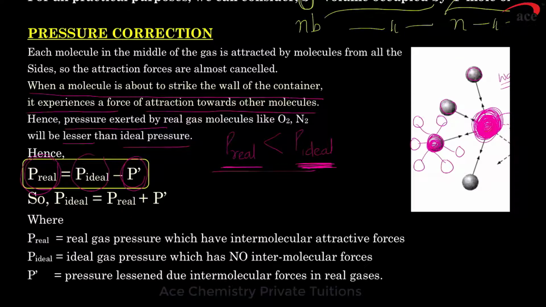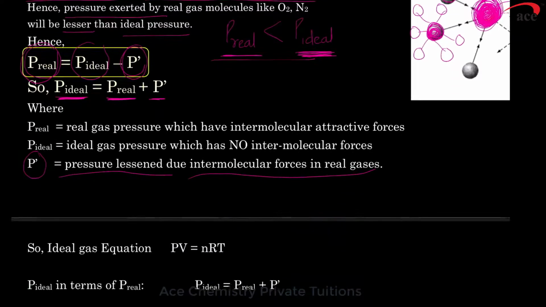What is that factor? P dash is the pressure lessened due to intermolecular forces present in real gases. From the ideal gas perspective, the pressure is the real gas pressure plus that factor. So that is the pressure correction.